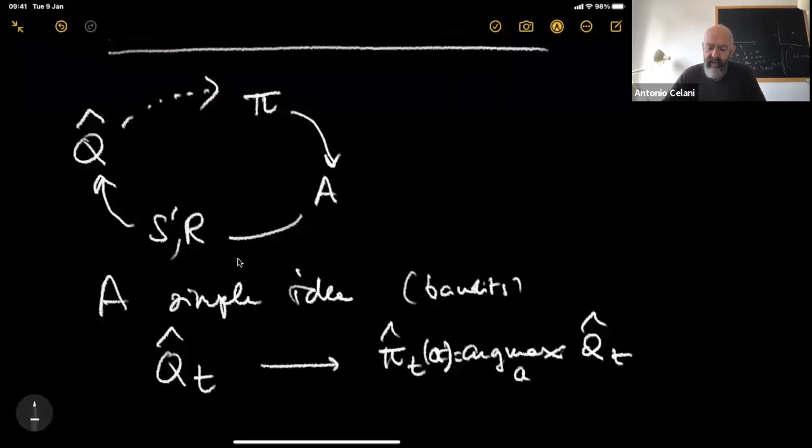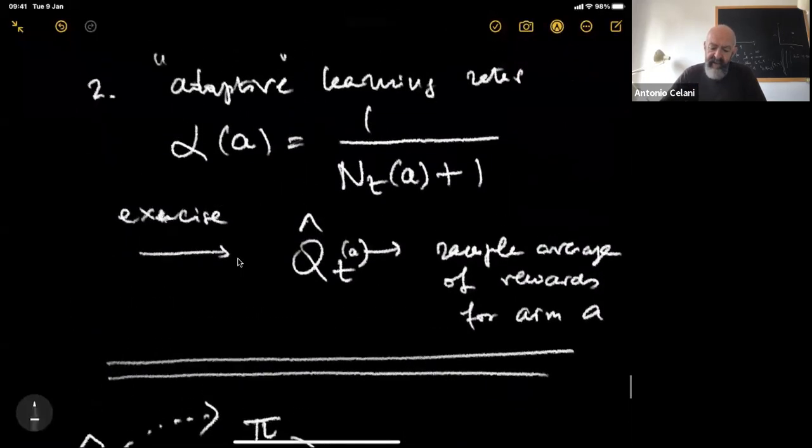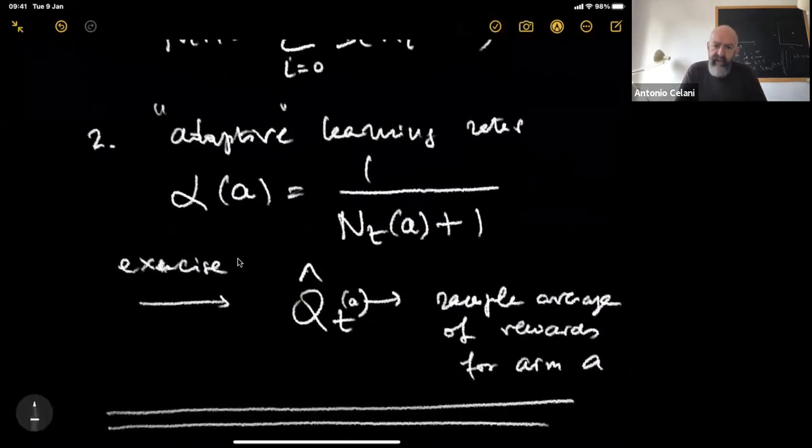Once more, think about this situation. I am using some policy, and I'm producing some samples for each of the options that I have. Say you have two arms, so I pull that and I get a number, and then I pull that and I get a number, and I go on and so forth, and I construct something which looks like the sample average of the two arms.